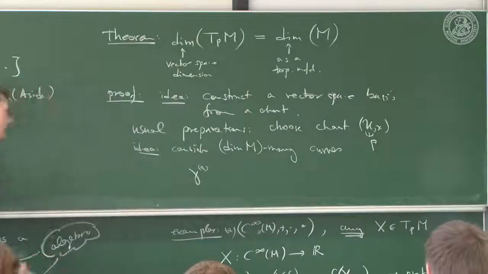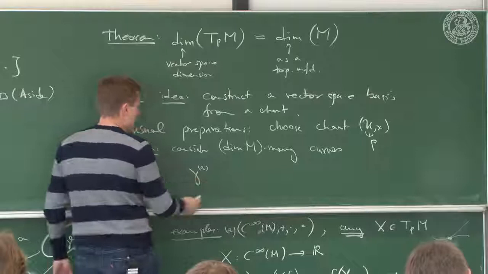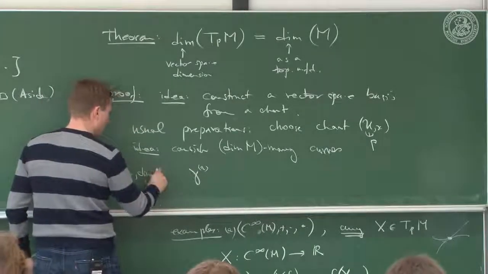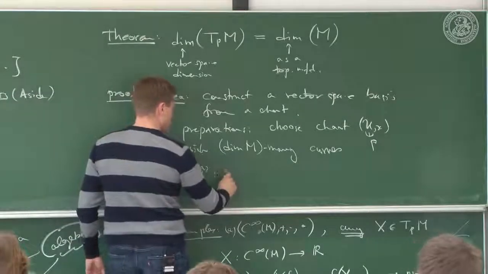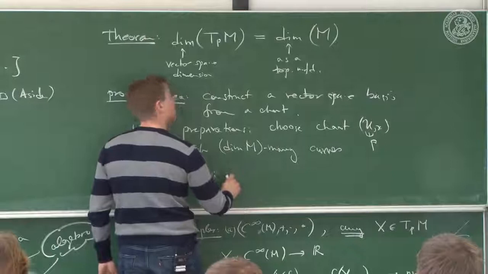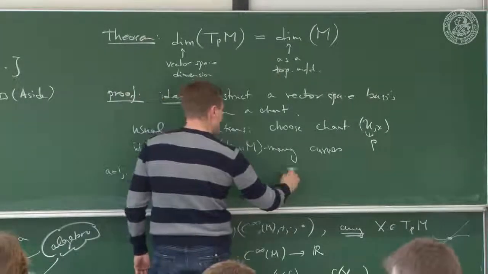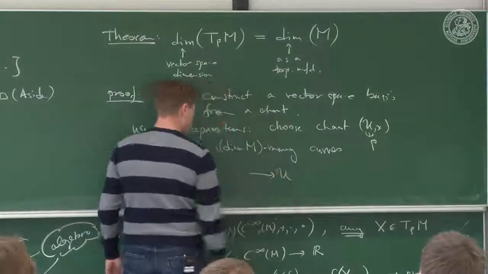I put this in brackets to not confuse this with any type of component of a curve. This is just the Ath curve, so A runs from 1 to dim M, such a finite set of curves that go from R to M in principle, but we just want them to go to U.